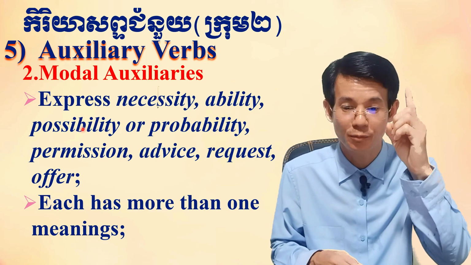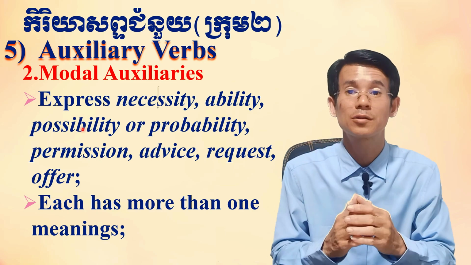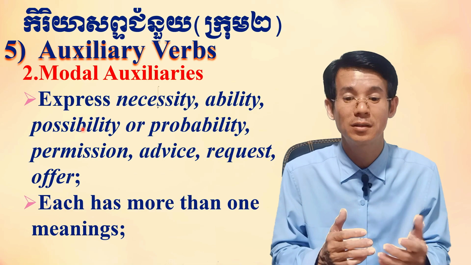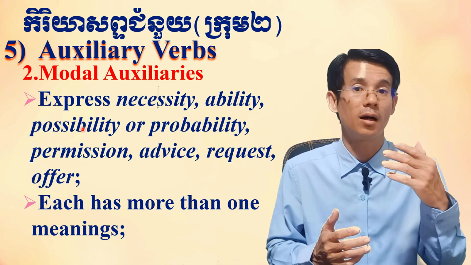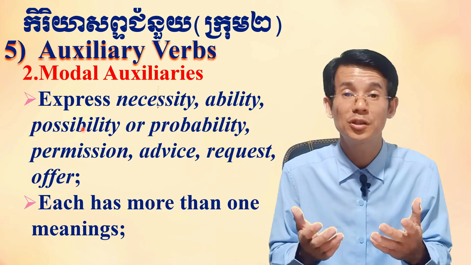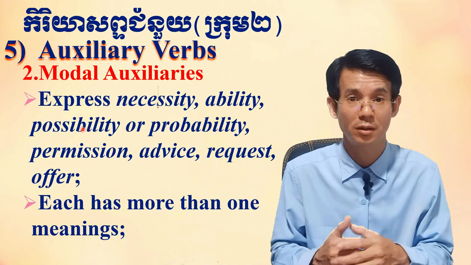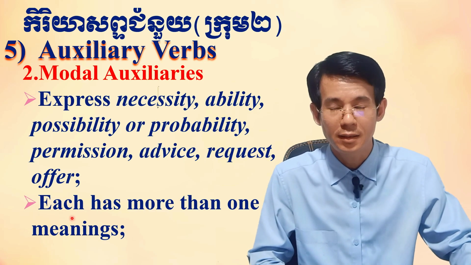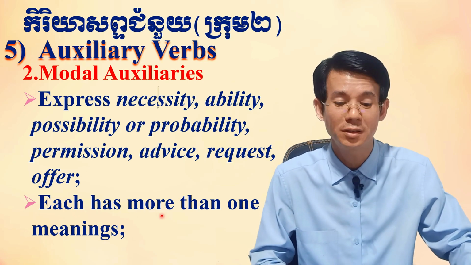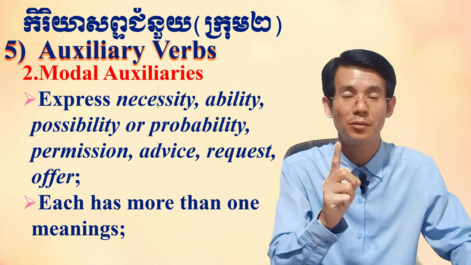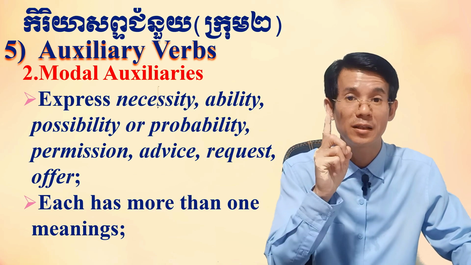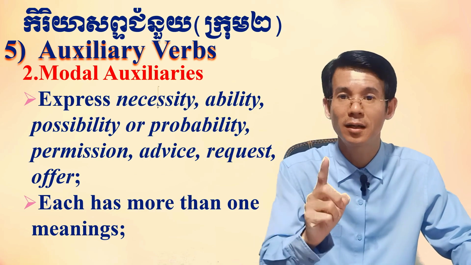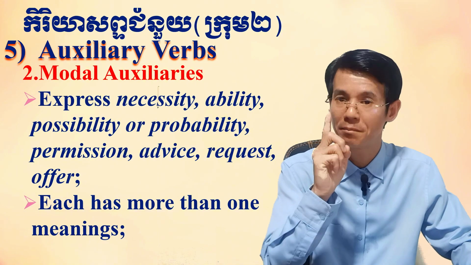Once again, the first point is that modal auxiliaries express different things, including necessity, ability, possibility or probability, permission, advice, request, and offer. Second point, one modal auxiliary can have more than one meaning. Each of them can have more than one meaning.